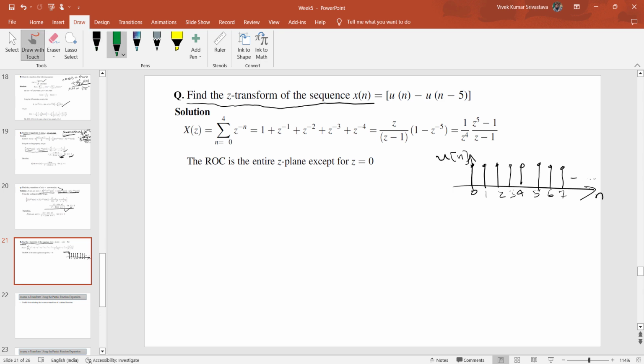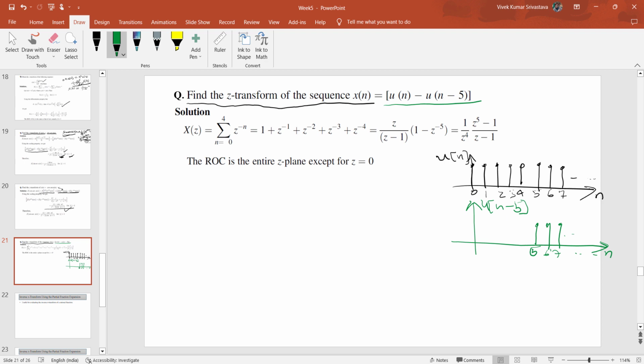And once you plot the other signal, that is u of n minus 5, you will get this signal that starts from n equals 5, 6, 7, and so on. Now you have to subtract these two signals to get u of n minus u of n minus 5.